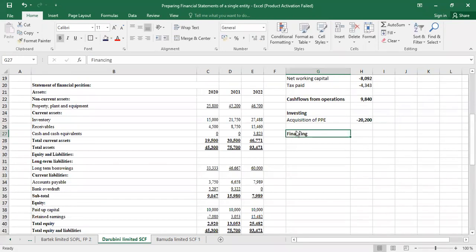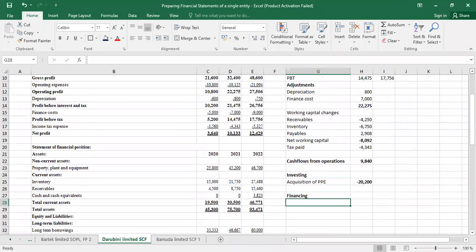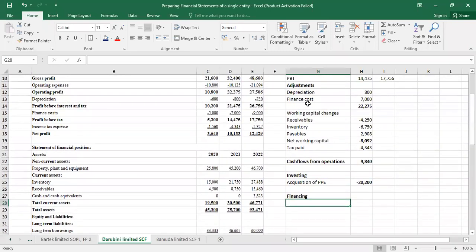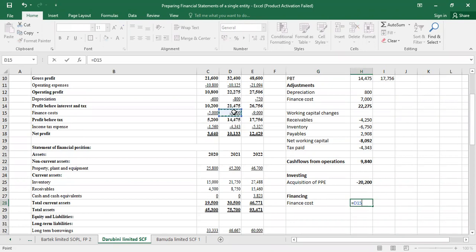Control enter, control bold. So under financing activities, first we have interest paid. The finance cost here, that's why it's called finance cost. But here, because it will be paid, it will go in directly as it is.